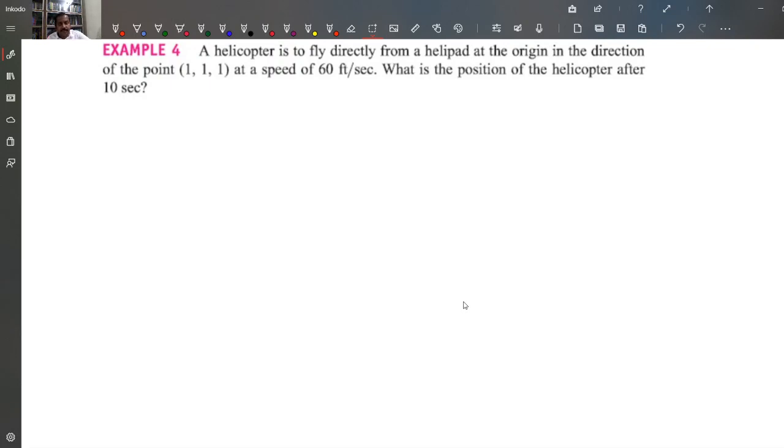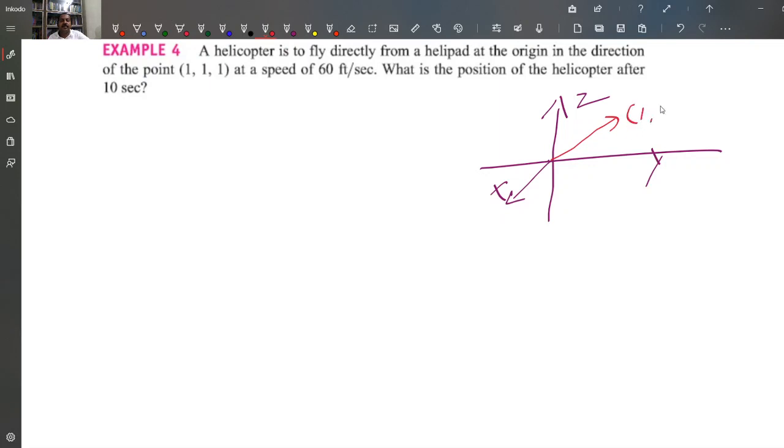So here, what are the given things? It starts from the origin as the helipad. The helicopter starts from the origin and moves in the direction of 1, 1, 1. Suppose this is the x-axis, y-axis and z-axis, and this is the vector 1, 1, 1.